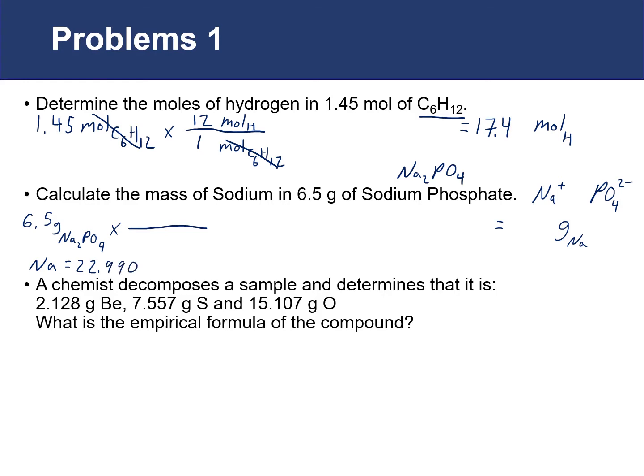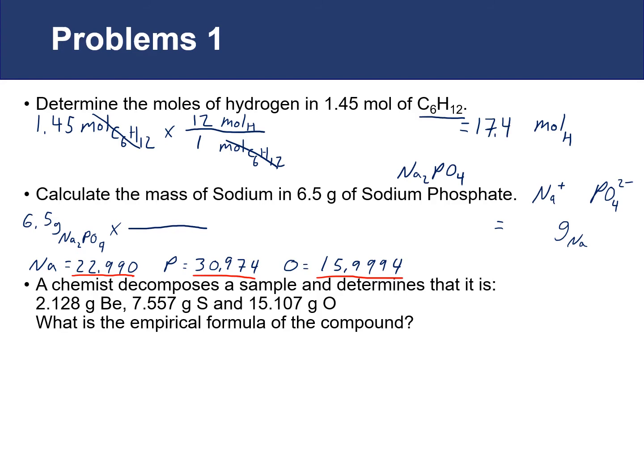22.990. Phosphorus has a molecular weight of 30.974. And oxygen has a molecular weight of 15.9994. So we would take 2 times our sodium value plus 1 of our phosphorus plus 4 of our oxygen in order to come up with the molecular weight.